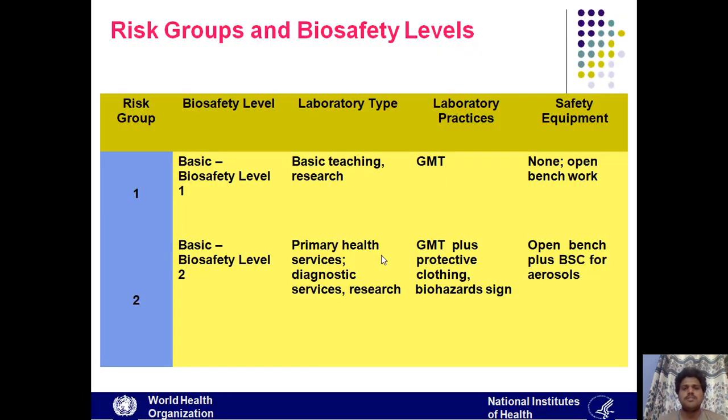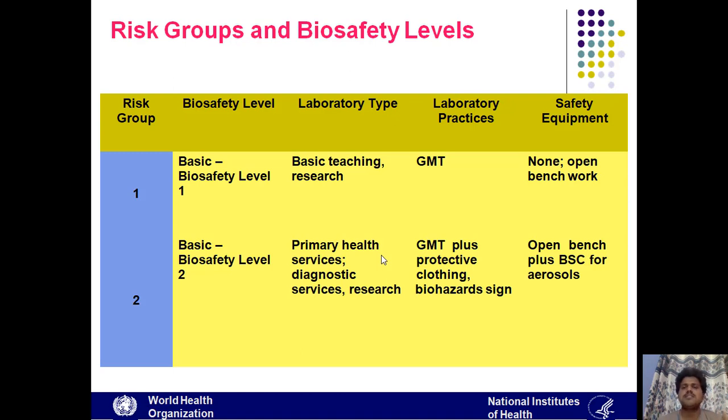Coming to biosafety level 1, the laboratory type is meant for basic teaching and research, and the laboratory practices followed are good microbiological techniques, nothing more. There is no safety equipment, and open bench work is allowed. Then coming to basic biosafety level 2, the primary health services, diagnostic services and research are dealt with here.